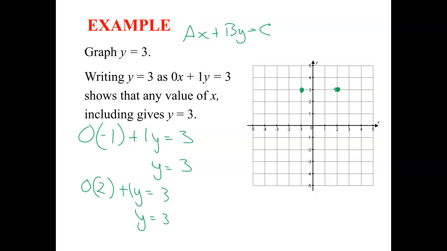They're all straight. I have a horizontal line. Horizontal lines have a few special features that we'll add in as we continue through this section. But y equals some constant will always be a horizontal line.